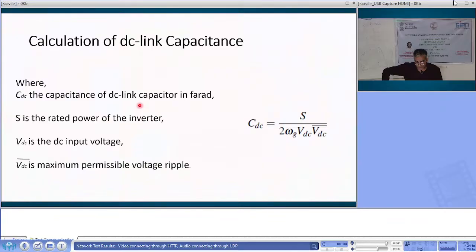So it depends on the rating of the inverter, the DC input voltage, and the permissible pulsating voltage ripple. The more the rating of the inverter, the more the value of capacitance. But if you increase the voltage rating, your value of capacitance will reduce. If you reduce the voltage ripple, then again you need more value of capacitance to be connected. So the more the value of capacitance, the more the failures.